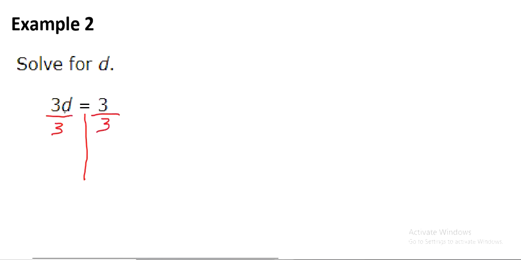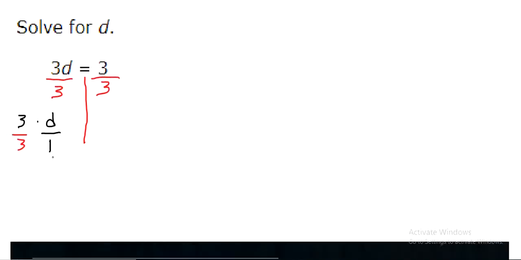Now let me break down what really is going on here. So 3d over 3. Another way I could actually write that is, so I have 3 times d. Now I'm dividing by 3. So I can put a 1 under d, because I can make anything a fraction by putting 1 under it.